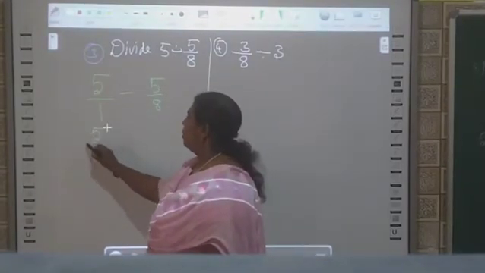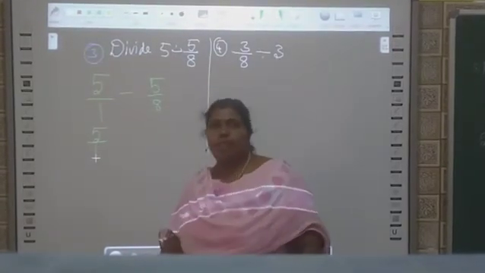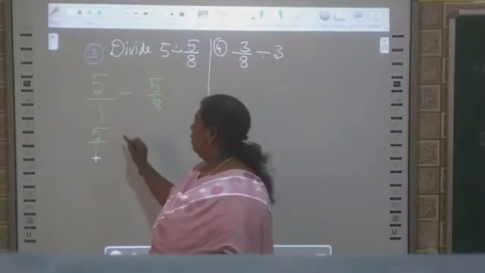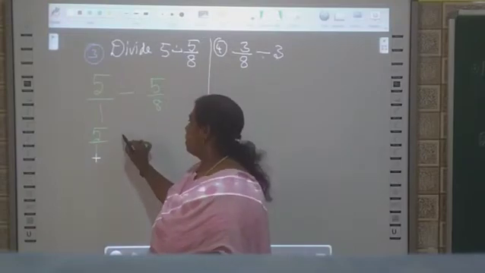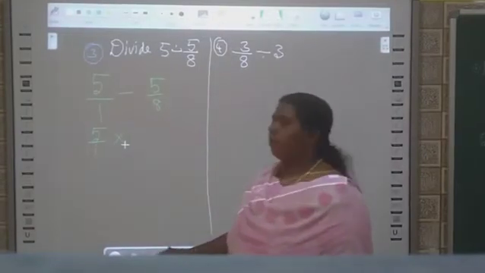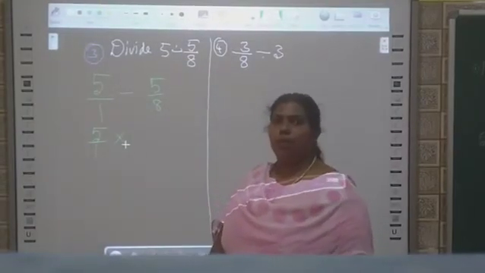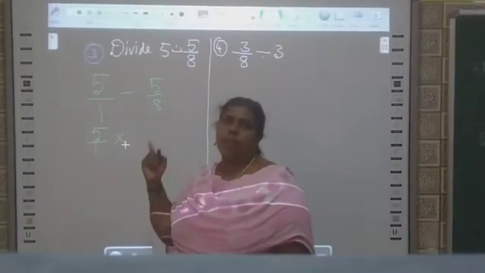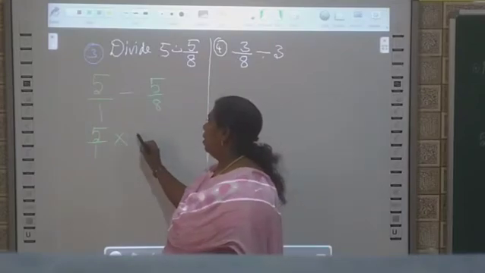First fraction you have to write as it is. Then the next step is what? Change the sign, division sign into multiplication sign. Then the second fraction, you have to take the reciprocal, right? The reciprocal of 1 by 8 is 8 by 1.